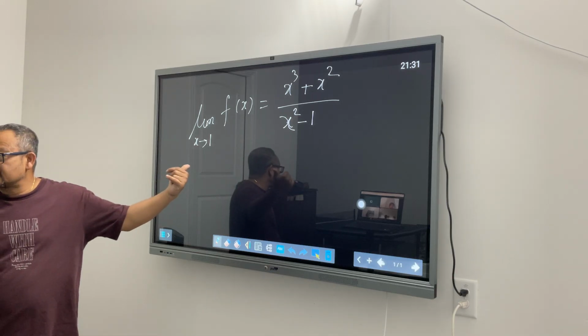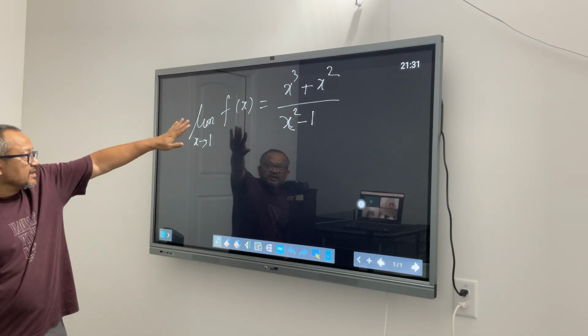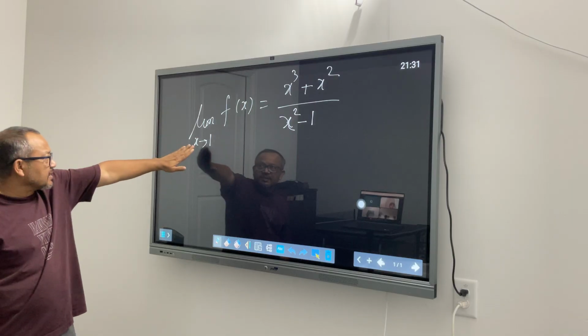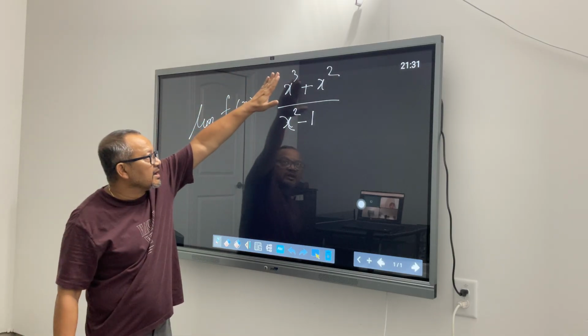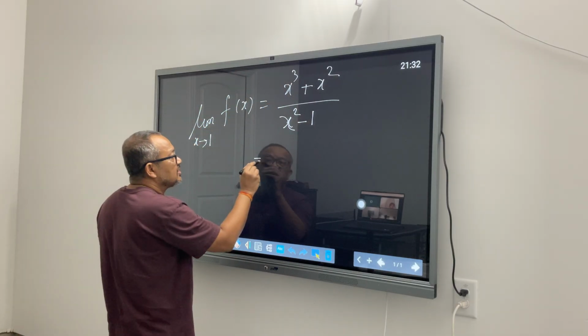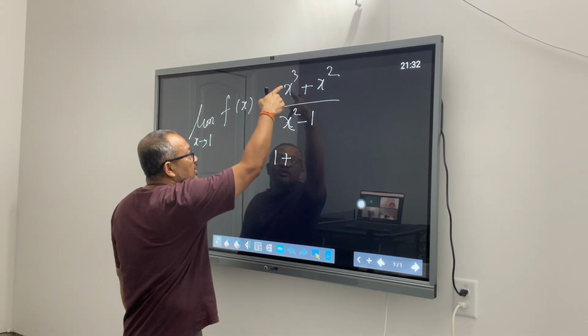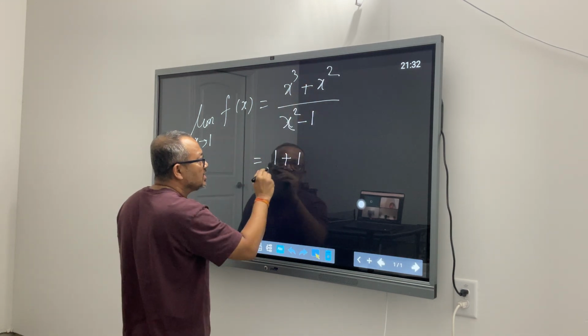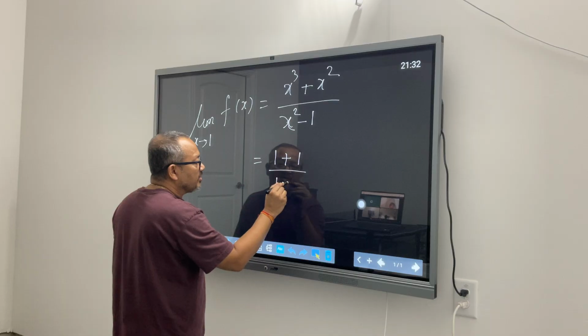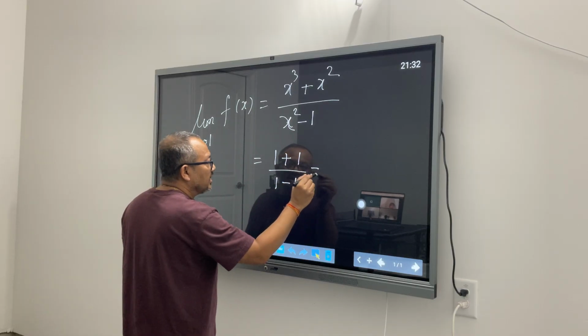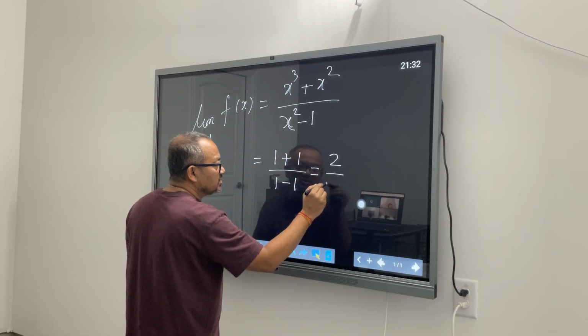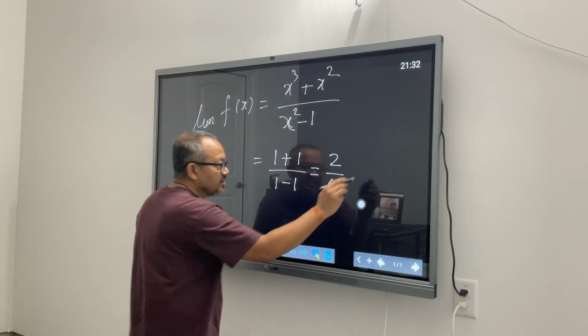What will happen in this case? You will say the same thing: I have to find out when x is approaching 1, I will plug in the value here. This became 1 plus 1, cube is 1, square is 1, divided by 1 square is 1, minus 1. And that became 2 divided by 0, undefined.